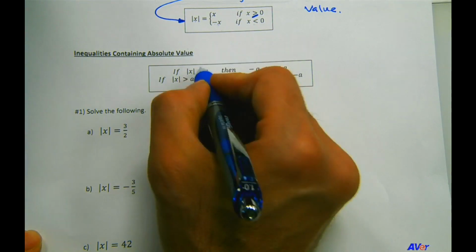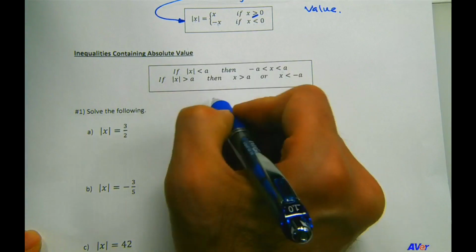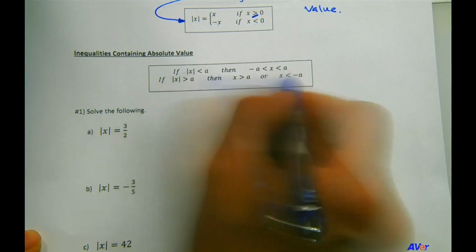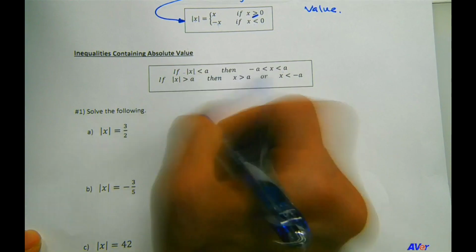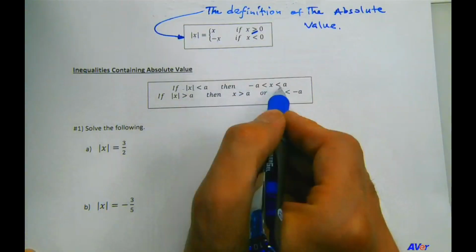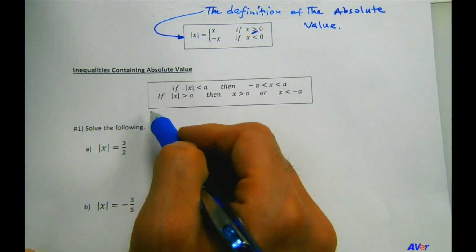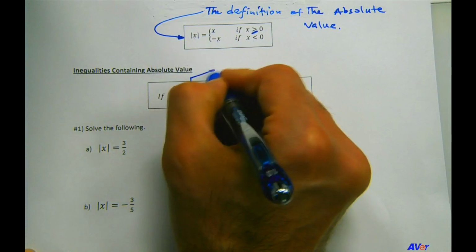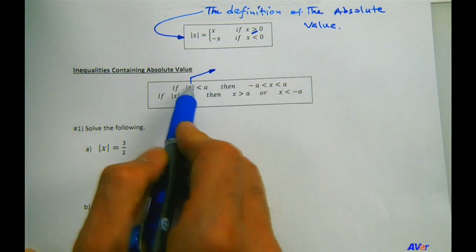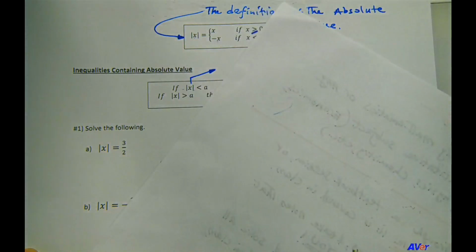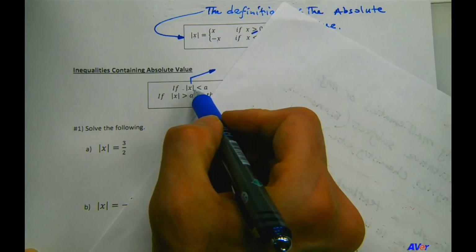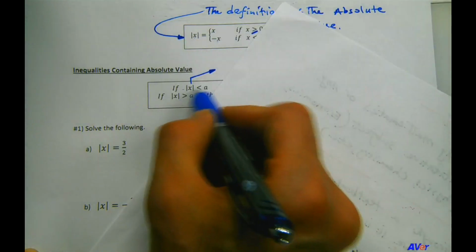So one solution, how did we get that? This box is saying if this, then that. So how did we get that? Let's show it. We're going to show that using the absolute value definition. So for a second, disregard that part, okay? Disregard that piece altogether. Let's just focus on this.